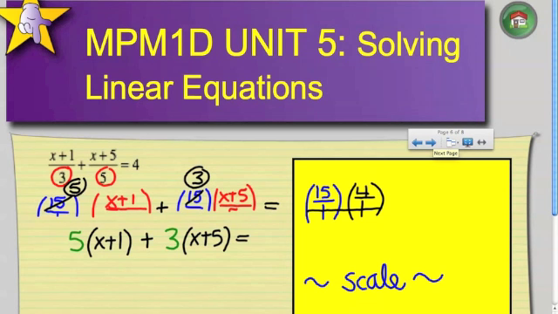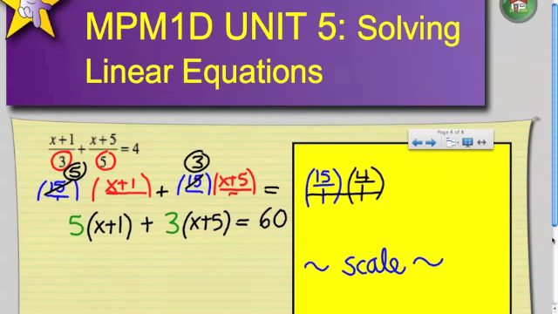What is 15 times 4? Does anyone know? Yep. 60 is equal to 60. So now we've turned a very complicated fraction question into something that is a lot easier to deal with. Do you know how to tackle this question now? What strategy are we going to use, Justin? Very good. The distributive property.